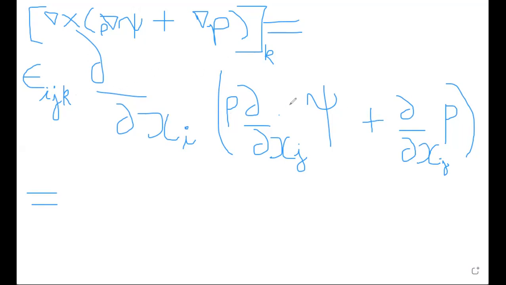So now this is distributive over this addition here, right? So I can just talk about the derivative of this term, and then I can talk about the derivative of this term with respect to xi, and of course multiply both of them by epsilon ijk. So let me look at this pressure one, because I didn't do that one in the notes.